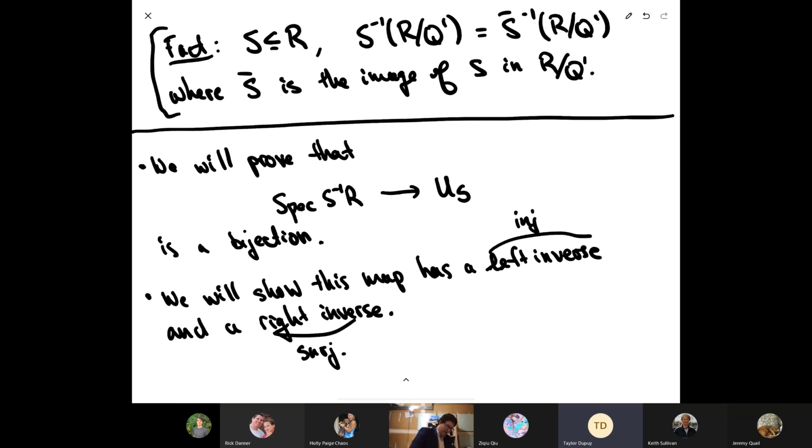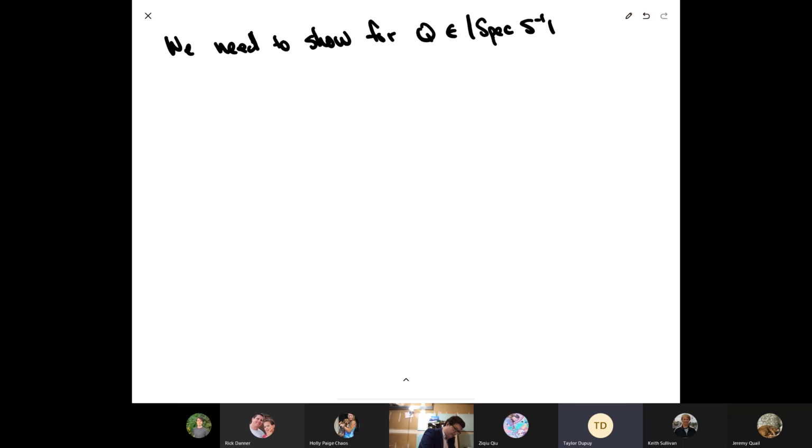So how do we do this? First, for injectivity, we need to show that for Q a prime ideal in spec of S inverse of R, S inverse of L_S inverse of Q is equal to Q. Localization will be the left inverse, so this is the injectivity part.